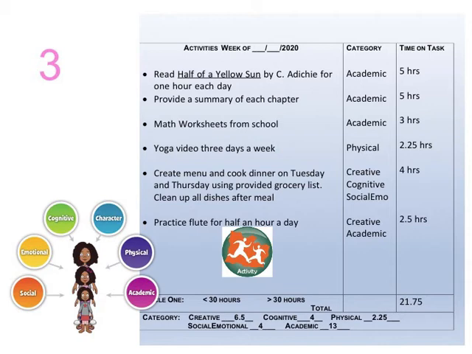Physical activities require her to engage her body in movement. Cognitive activities require critical thinking and application of what is learned throughout the week. Social emotional activities involve working with others and/or identifying feelings. And academic activities involve subject matter like math, English, or science.